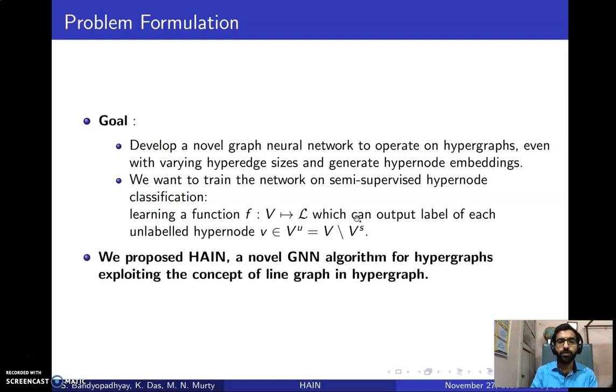So here we propose HAIN, which is an abbreviation of Hypergraph Attention Isomorphism Network. This is a novel graph neural network algorithm for hypergraphs exploiting the concept of line graph in hypergraph. We'll discuss about HAIN in the next few slides.